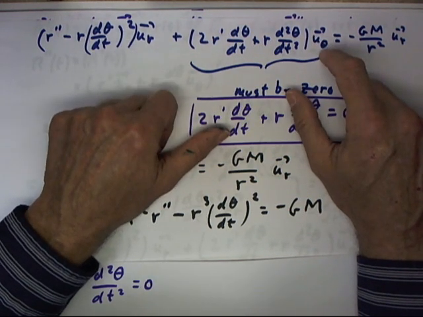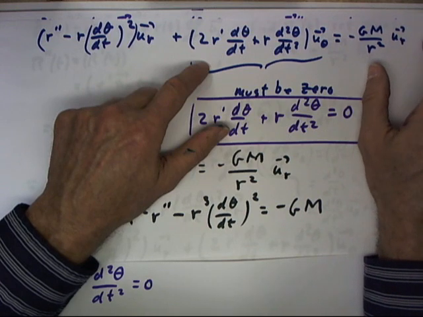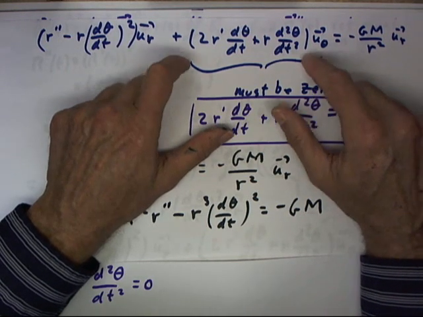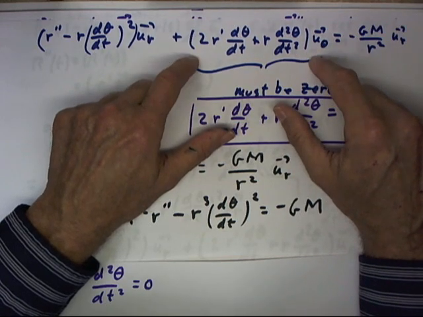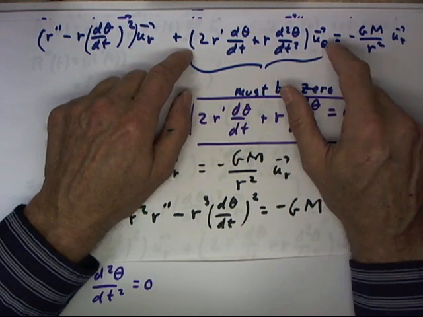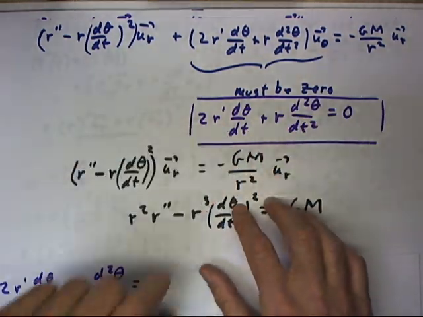Our unit vector in the theta direction have been defined to be perpendicular. So this side has no component in the direction of u_theta. If these sides are equal, that means this side has zero component in the direction of u_theta, so the coefficient of u_theta has to be zero, giving us this equation.